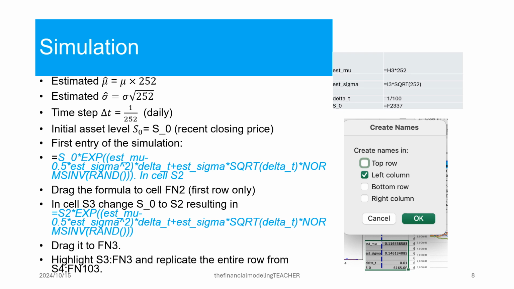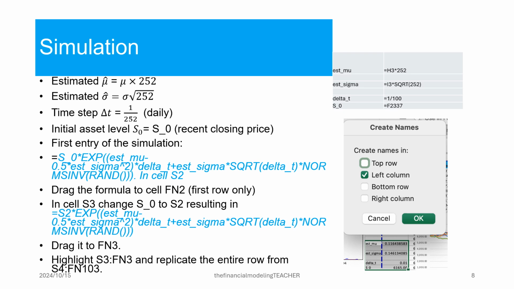The S0 will be the most recent closing price in our data. So now this same equation that we had will be translated into the Excel version as highlighted in blue.